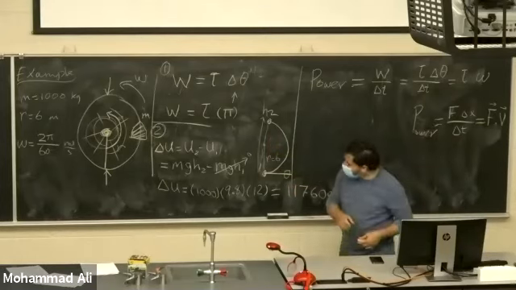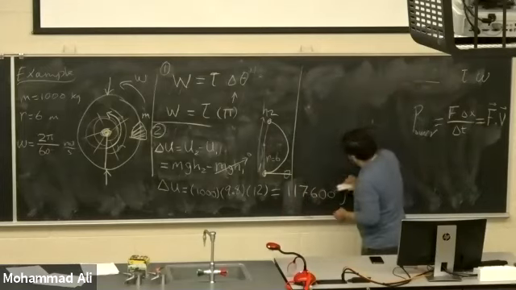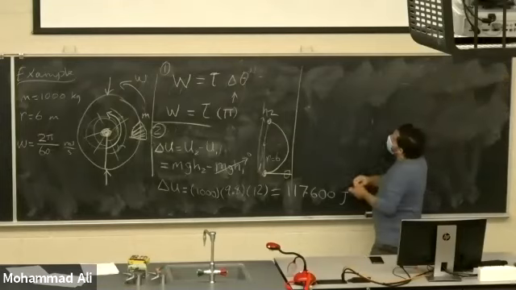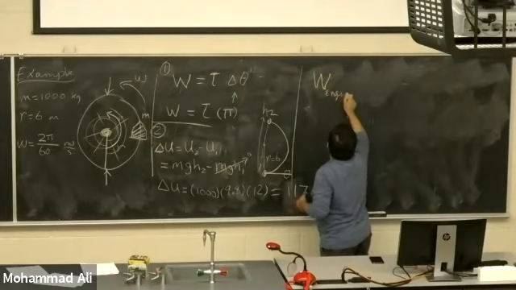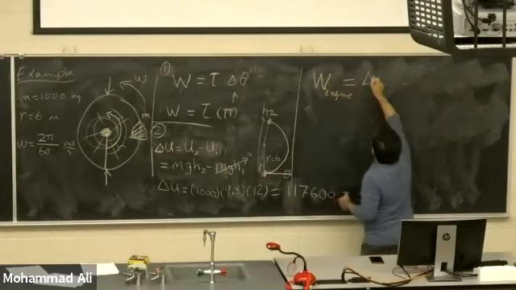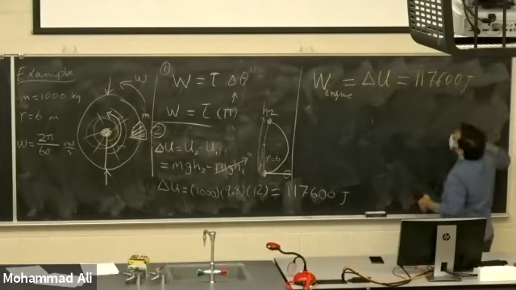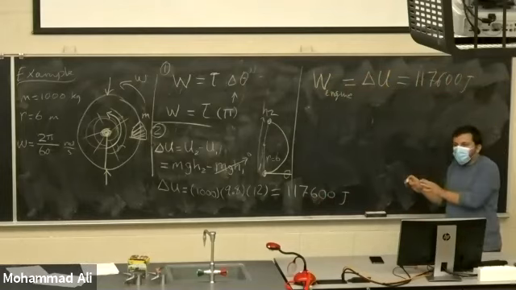So anyone? The work done by the engine is equal to delta U, which is 117,600 joules. Do you agree with that? Is it logical?